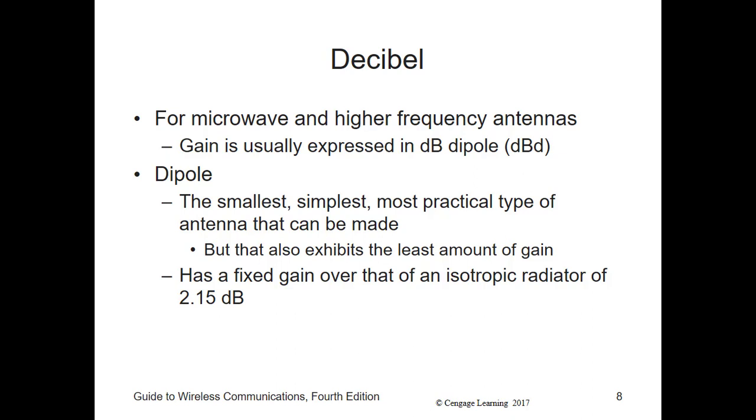It is not possible to build a real isotropic radiator because it would need a power and a signal cable connected to it at some point on the surface of the sphere, thus making it no longer perfect. The cable connection means that the sphere would not be able to radiate with equal intensity in all directions.